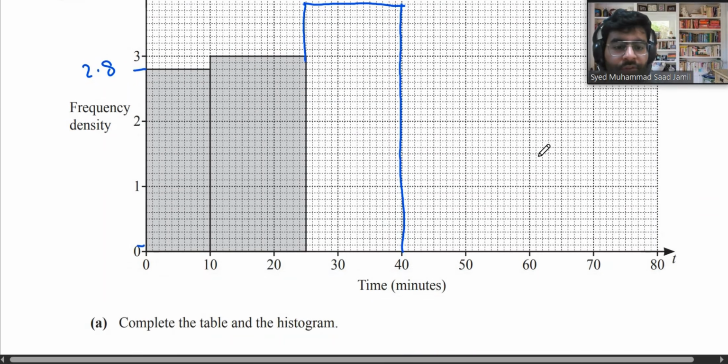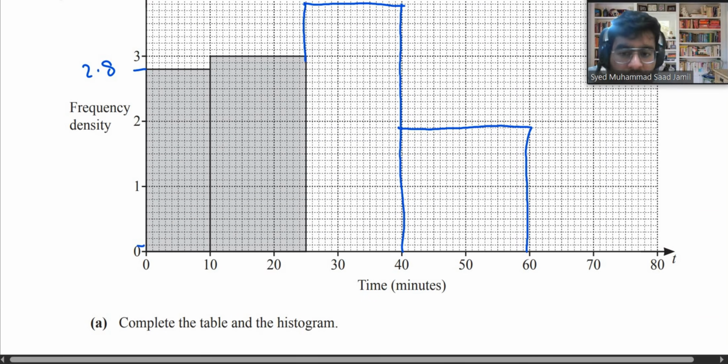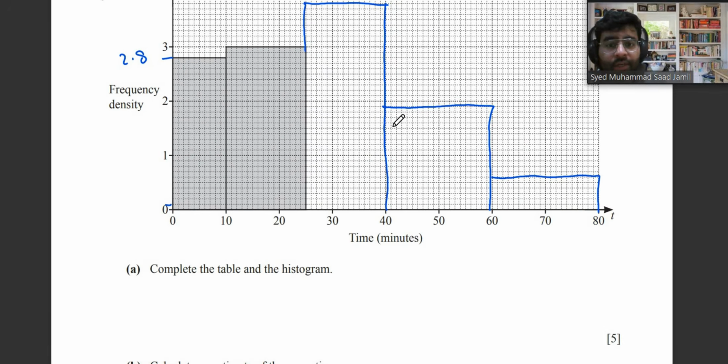From 40 to 60 it's 1.9. And then from 60 to 80 it's 0.6. And hence you guys are done. So we completed the histogram as well.